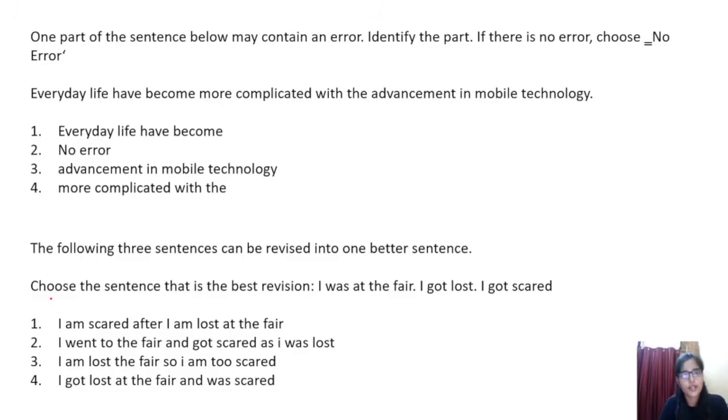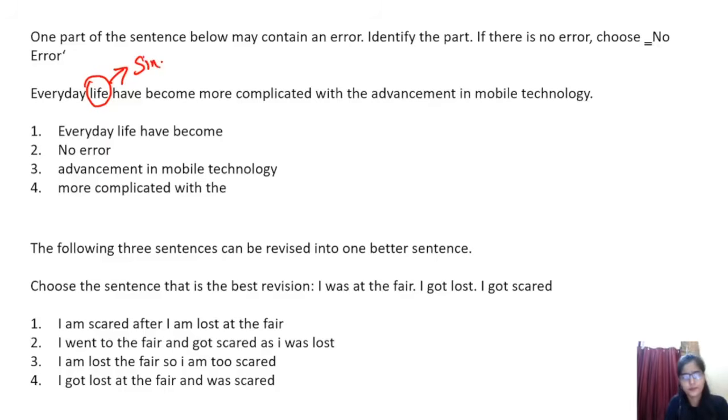One part of the sentence below may contain an error. Identify the part. If there is no error, choose no error. Everyday life have become more complicated with the advancement in mobile technology. So, life. Are you treating life as a plural? No, right? Life, generally we are using and it is treated as what?